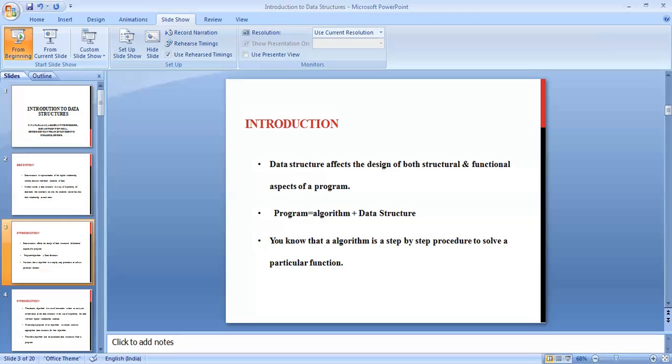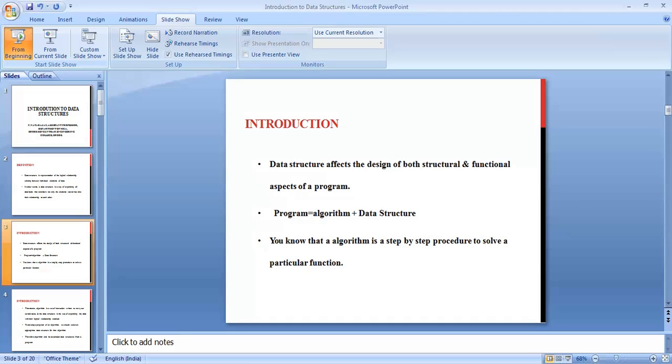After that, two major categories: primitive and non-primitive. Then we saw what data structures are under the primitive and under the non-primitive. After that, we concentrated only on arrays. In this presentation, we mainly concentrate on arrays. The syntax is using C language. I think it's very useful to you.